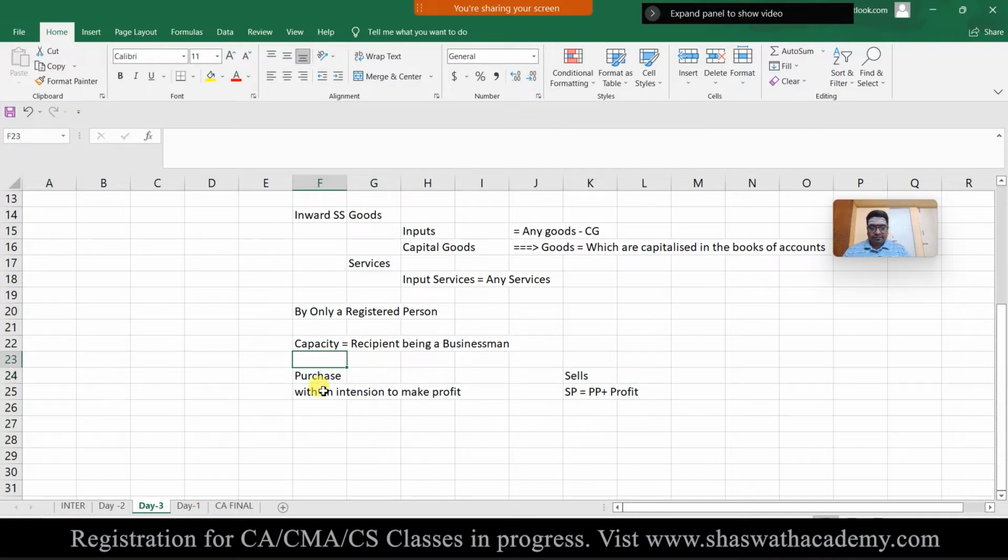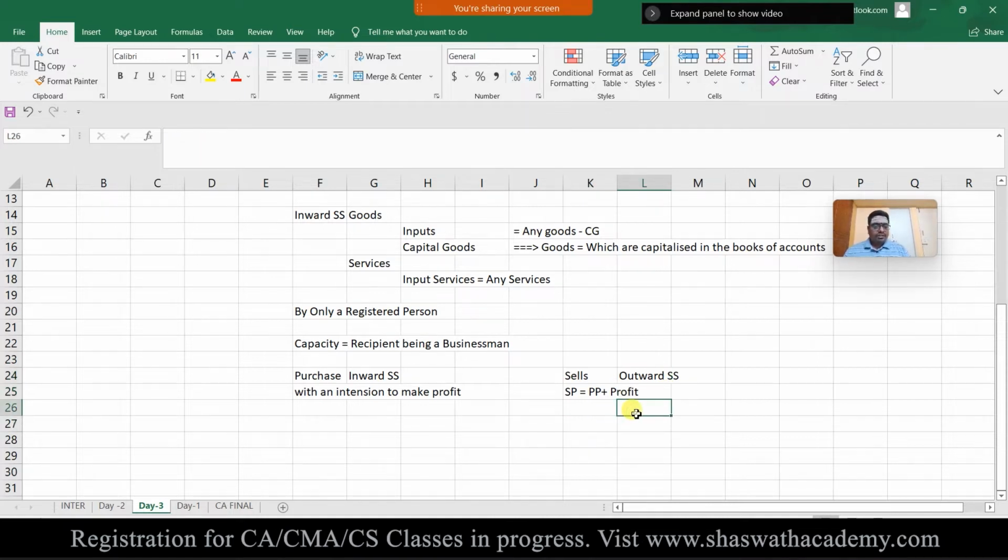Whereas purchase, we call it inward supply, and sale, we call it outward supply, technically speaking. So what we say, my dear brothers and sisters, very simple: someone who makes the inward supply with an intention to make profit and later on sells it, makes an outward supply for the profit, and he is fulfilling his objectives. This is what the whole aspect is.